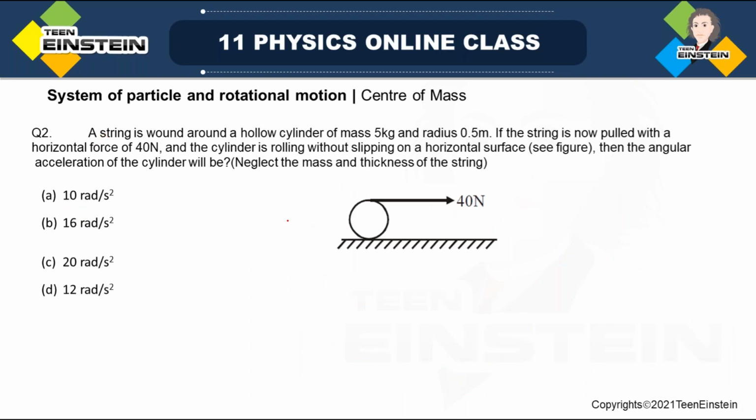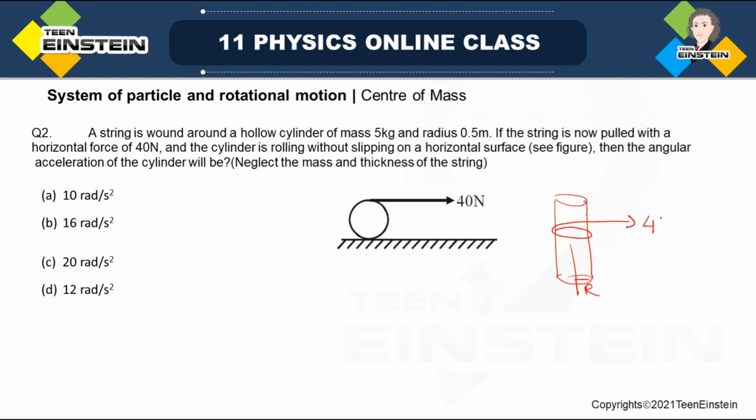Here the second problem says a string is wound around a hollow cylinder of mass 5 kg. Suppose a wire, and it has a radius, capital R, equal to 0.5, and it is wound like this.